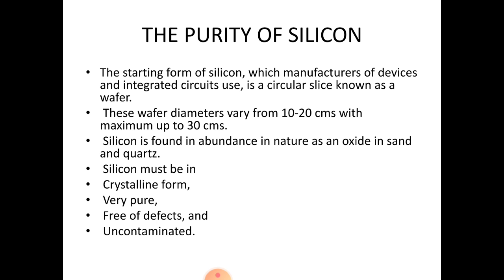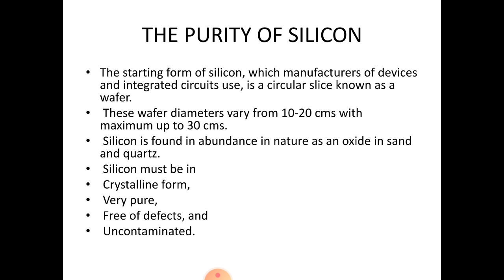Starting from silicon, the manufacture of devices and integrated circuits uses a circular slice known as a wafer. The wafer diameters vary from 10 to 20 centimeters, with a maximum up to 30 centimeters. Silicon is found in abundance in nature as an oxide in sand and quartz.